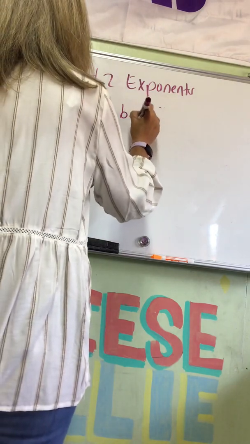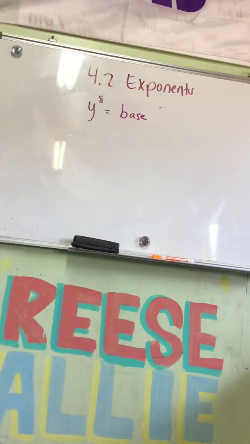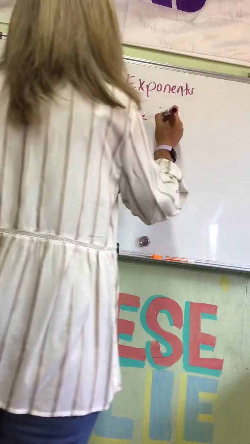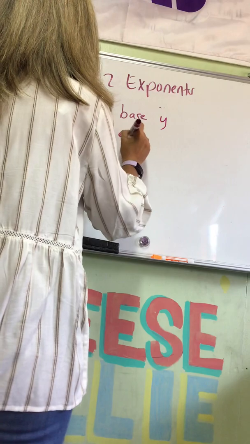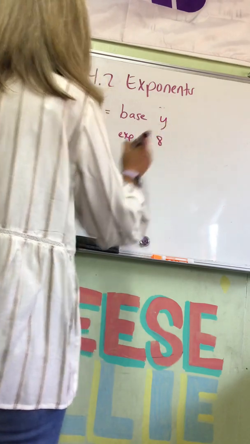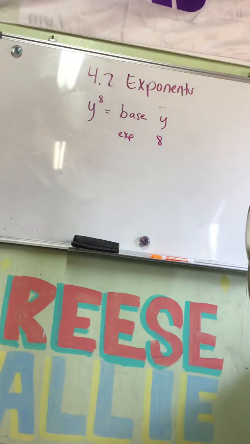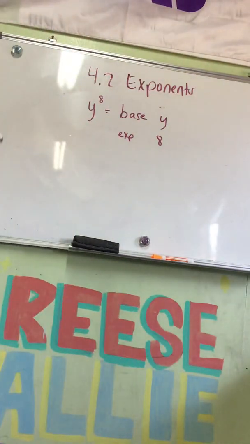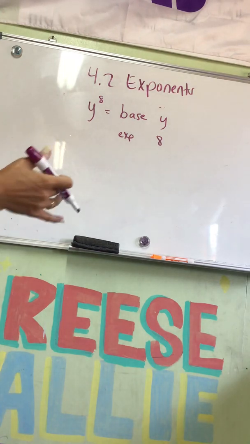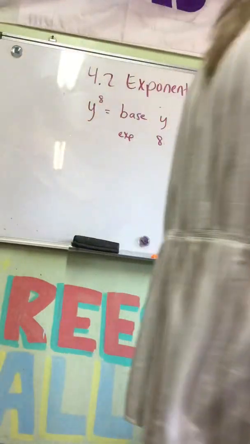The base is the big one, the big number. In this case, it's a y, so our base is y. The exponent is the small one, and it is 8. And bases absolutely can be numbers too, because we're getting into the algebraic part of it.